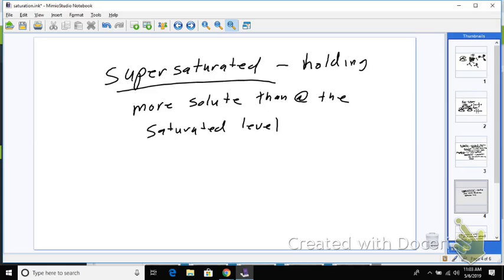So what I'm going to do is show you a supersaturated solution. I'm going to wait for this one until the very end, because this has to be at room temperature, and it hasn't sat long enough to be supersaturated, so I'm going to let it sit. I'm going to show you it in this form, and I've got to find my packet. Oh, here it is.